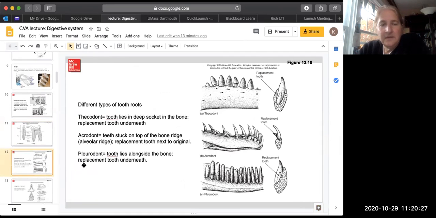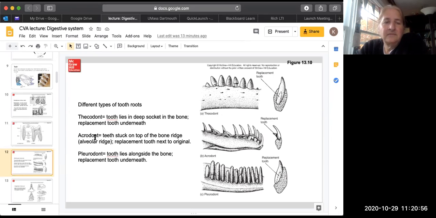All right, so there's a bunch of words for teeth that I'm going to go through now, that show the diversity. Thecodont means that the tooth lies in a deep socket in the bone, just like the ones we've been showing you. So if it says thecodont, that means it's got a nice deep hard root that's holding it in.